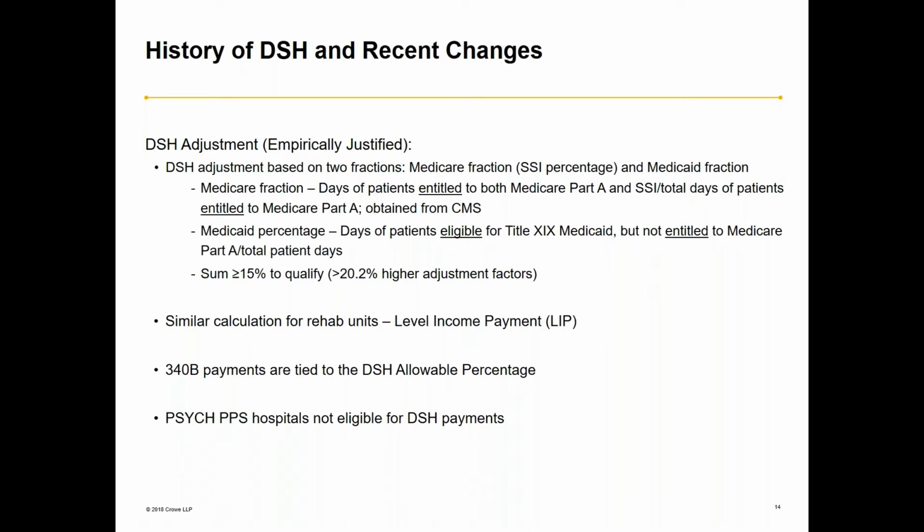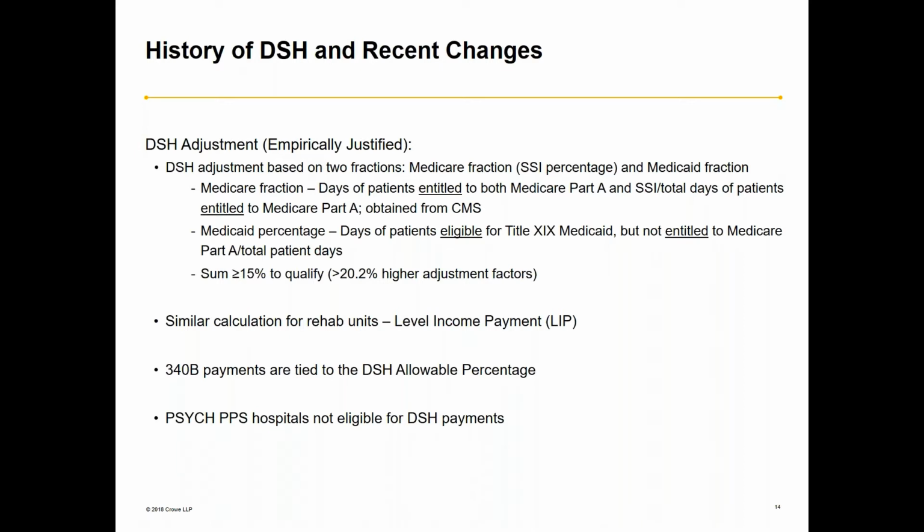The second portion of this percentage is the Medicaid percentage. So this is days of patients eligible for Title 19 Medicaid, but not entitled to Medicare, divided by total patient days. So that's your Medicaid percentage. That is the percentage that hospitals have a lot of control over and need to really scrutinize that number.